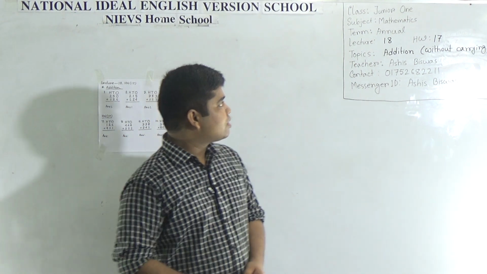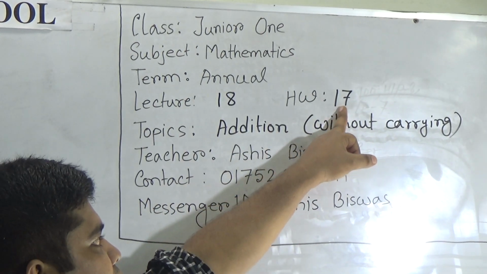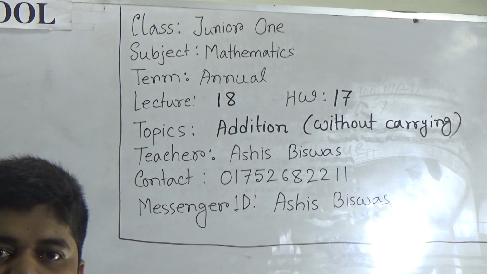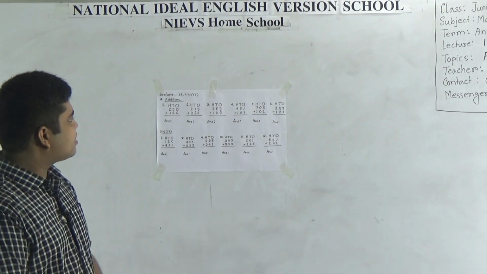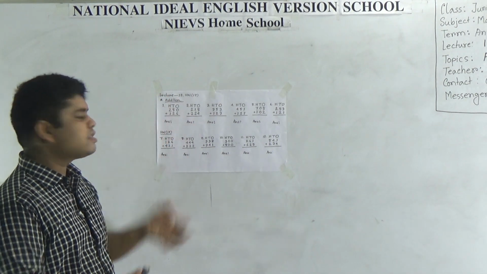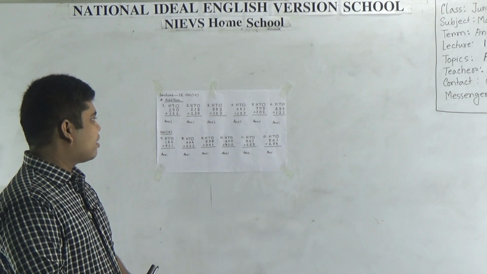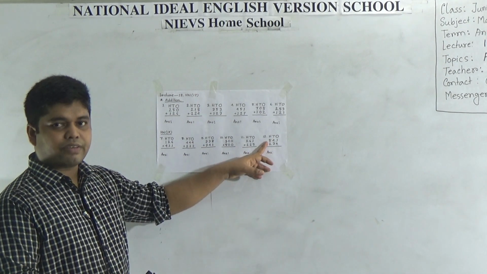My dear students, today is our lecture number 18 of annual term and today's SW number will be 17. So, my dear students, let us start our class. Today's topic is addition, and our addition is without carrying. Please notice here 12 problems are given.